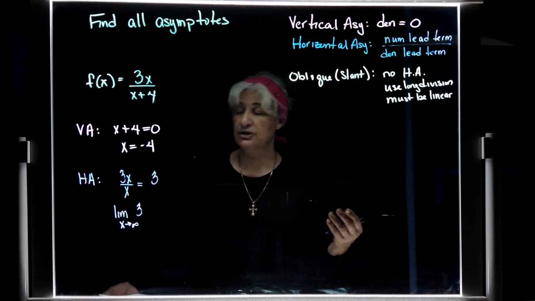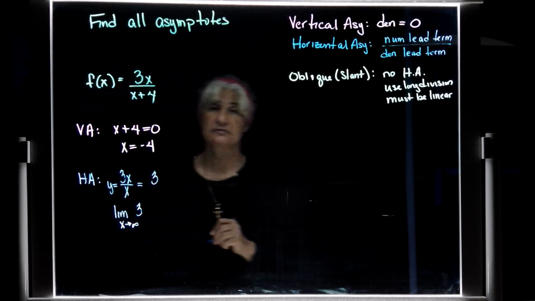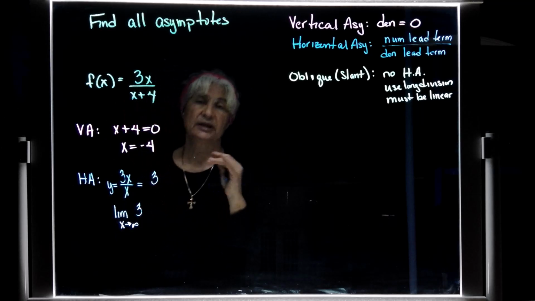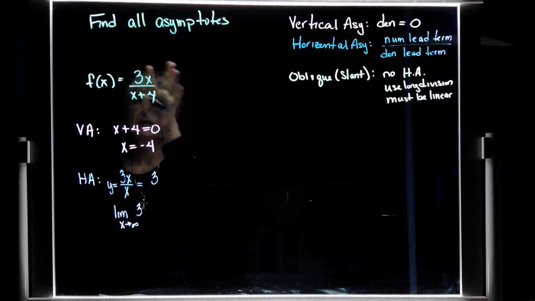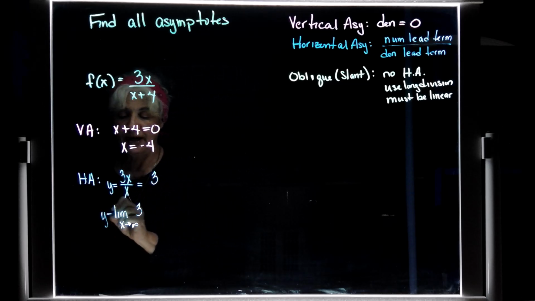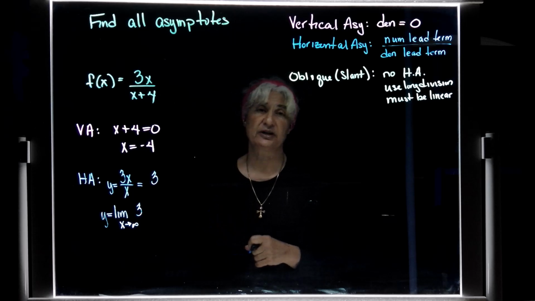Because that's basically what you're looking at. This now is y equals, because f of x and y, in this case, we're going to just replace it. So instead of f of x equals this whole thing, we're going to look at y equals 3x over x, which is 3. So what would y equal when you take the limit of 3 as x goes to infinity?